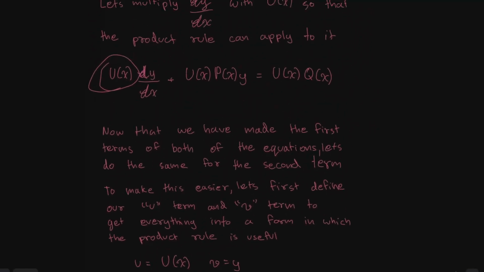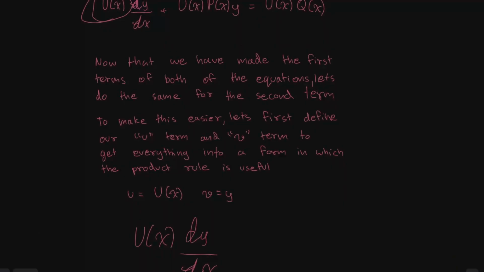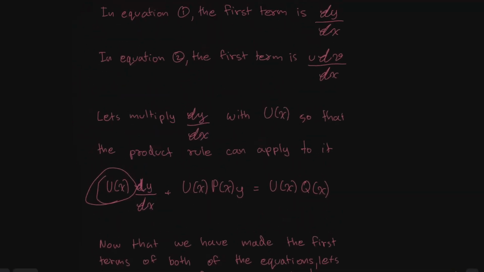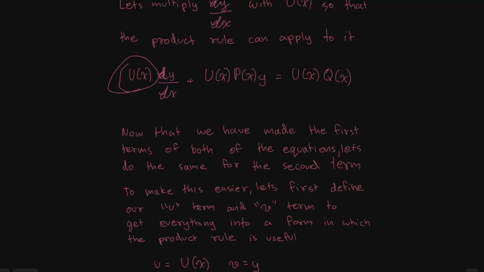But now what we need to do is focus on our second term, right? So as I said before, we defined v as equal to y. So the second term over here is equal to y. But now we need everything in terms of y du by dx. But our problem is that over here we do have y isolated, right?